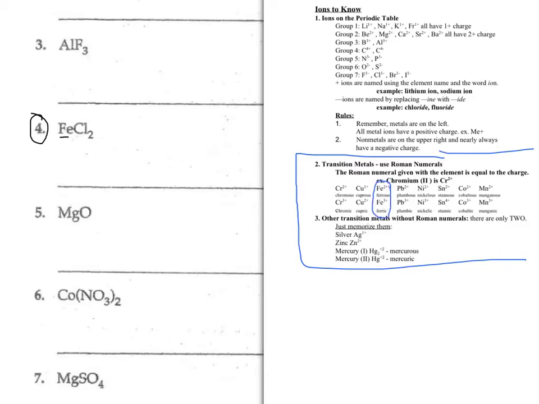And if you look at this, there's 1 iron and 2 chlorine. Now, chlorine, if you look on the gold sheet, has a charge of 1 minus.